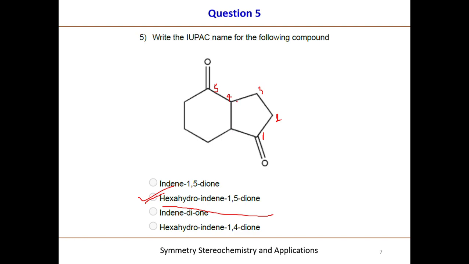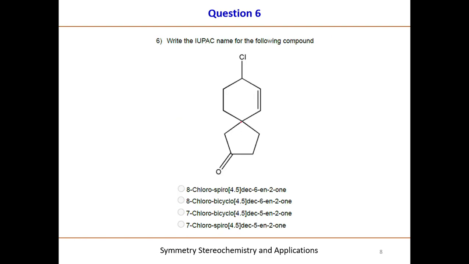You can see here this is the bicyclo system. But in a spiro compound, only one carbon atom is shared by both rings. So that means it's a spiro compound.